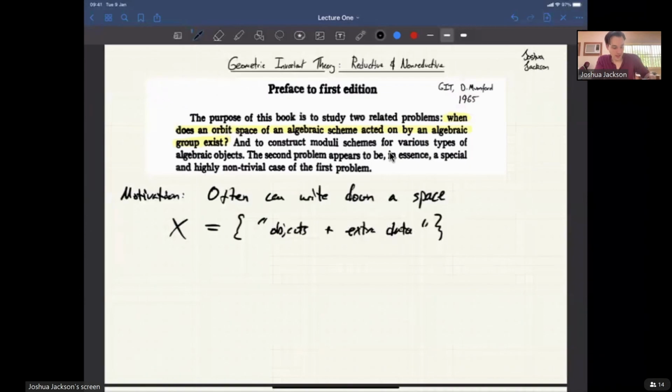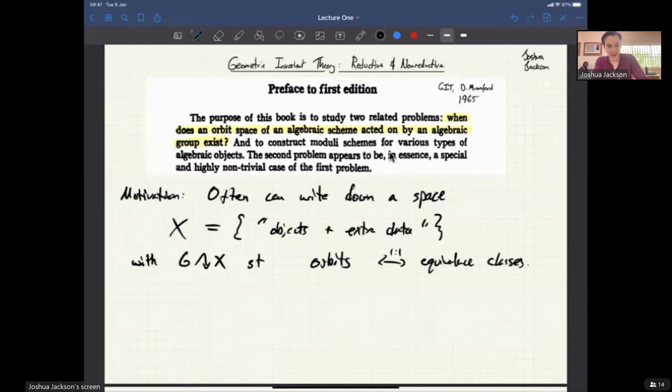Often, when we write down this space which parameterizes things with extra data, the extra data is captured by a group action. So often it comes equipped with an action of some group G, such that the orbits under the group action are in one-to-one correspondence with equivalence classes. What we mean by equivalence class will depend on what type of thing we want to classify, so it will mean different things in different contexts.